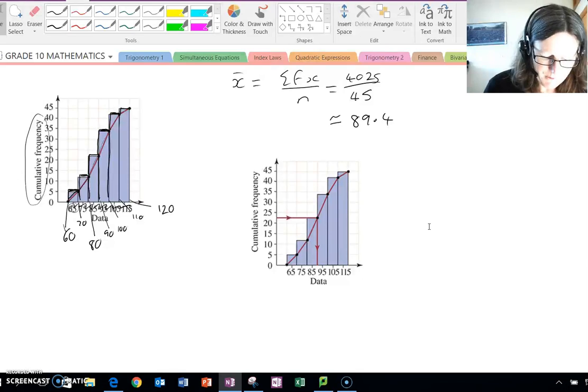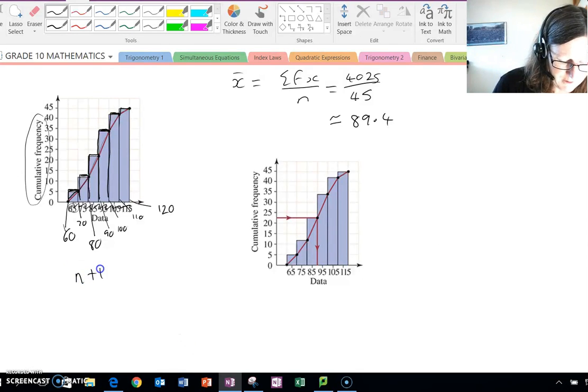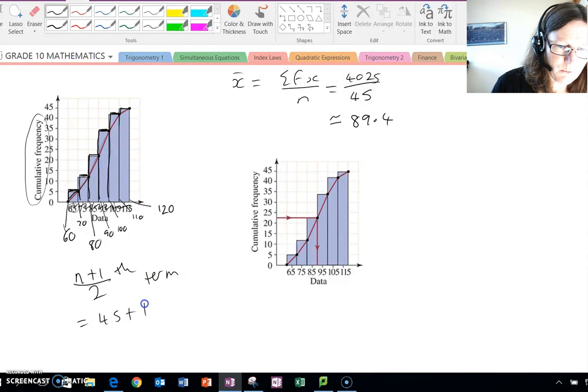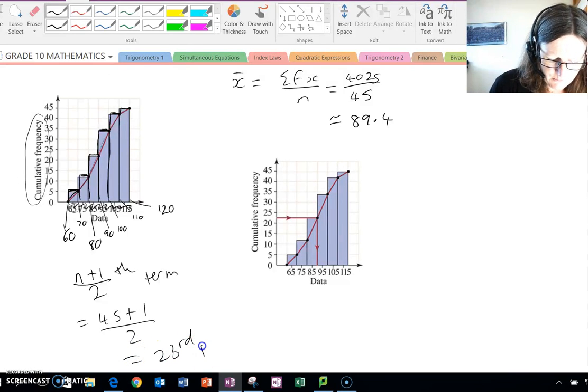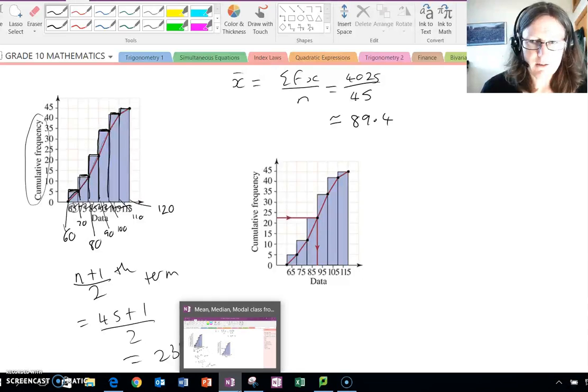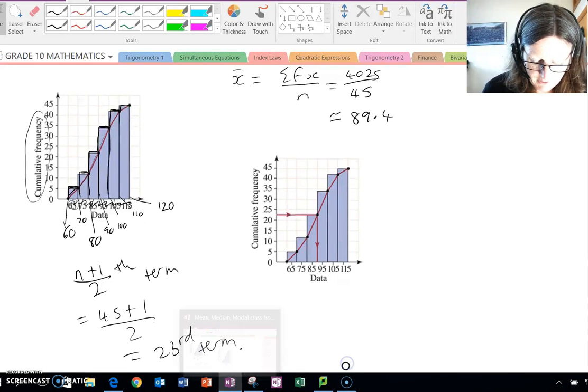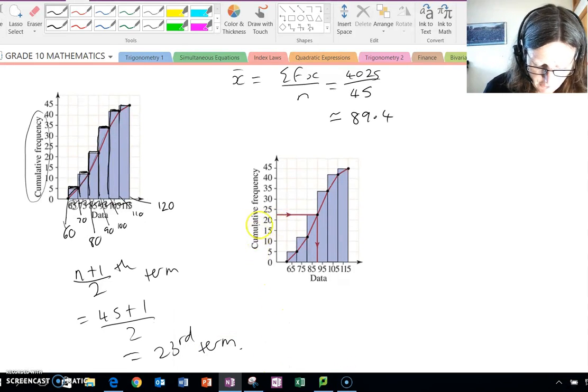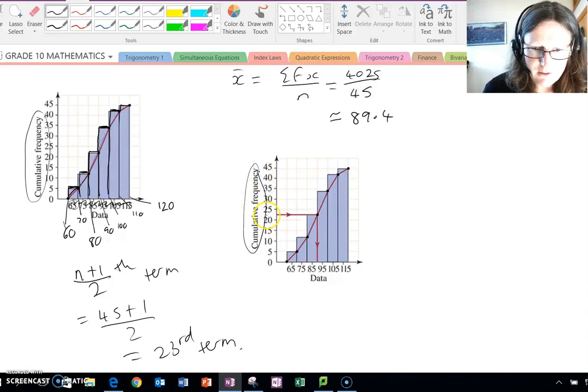Okay, that last step, remember our median is the (n plus 1) over 2 term. There were 45 terms, so 45 plus 1 over 2 is our 23rd term, which gives us our median. So what we do is we go up our cumulative frequency axis until we get to 23.